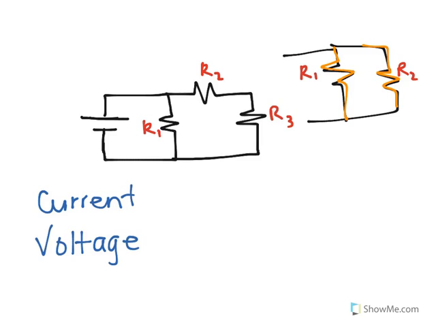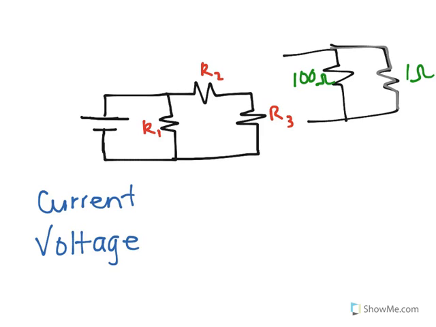And you can think of it this way. If those two resistors have the same voltage pushing current through them, and this one has a much higher resistance than this one, a lot more current is going to flow through this one because it's much easier for current to flow through it. So that's how you can tell that they will have different currents if they're in parallel.